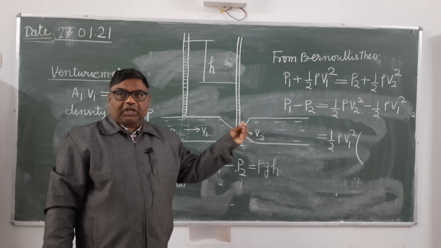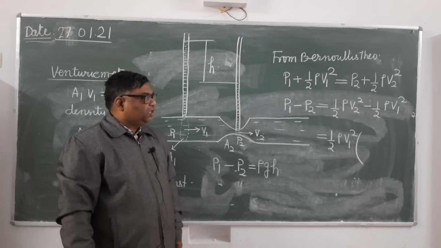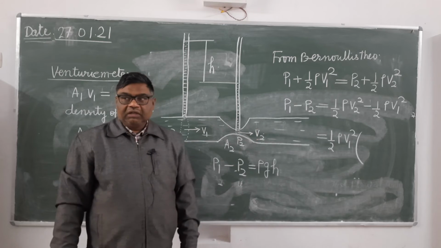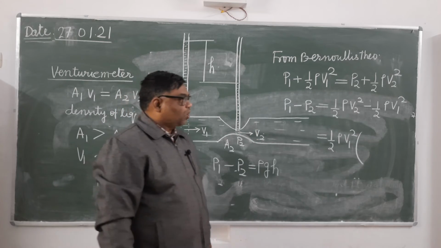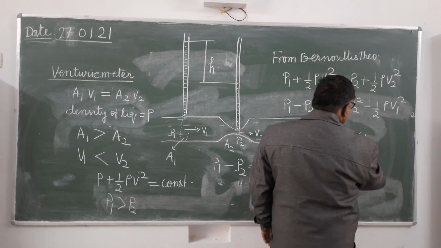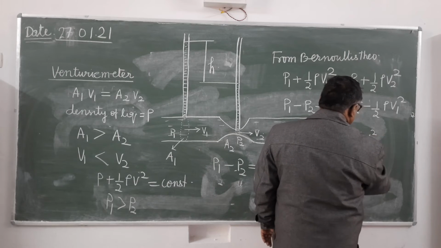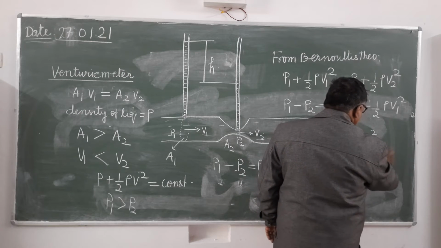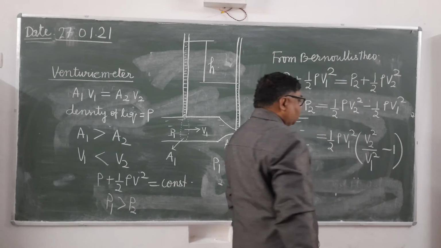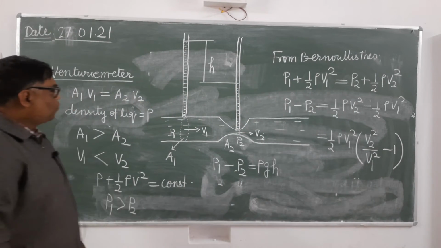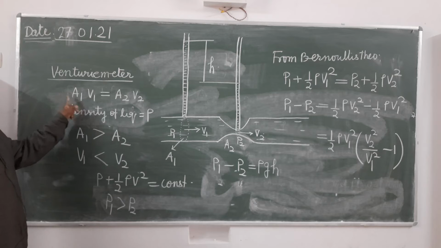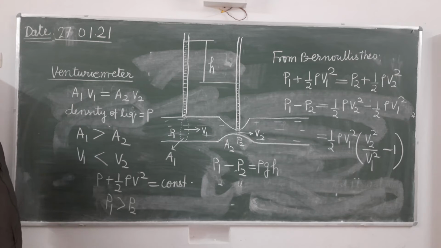You have also taken out V1 square common. What will be left inside the bracket? V2 square upon V1 square minus 1. Is it clear?